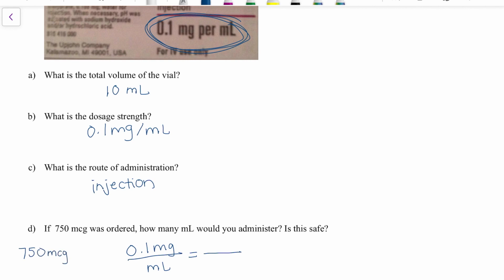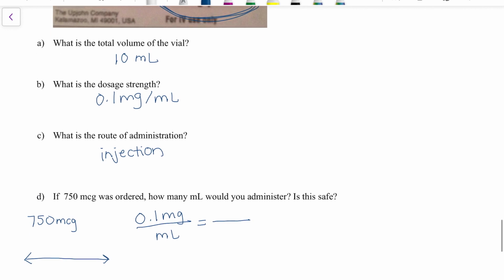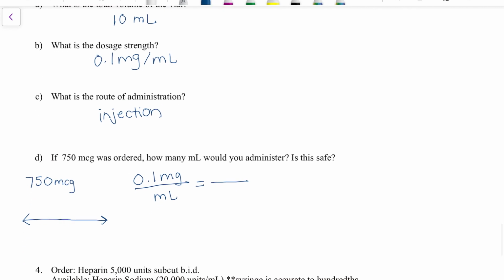So if we're looking at our metric scale, we have milligrams, 2 other units in there between milligrams and micrograms. So to go from micrograms to milligrams, we're going to divide by 10, 1, 2, 3 times.